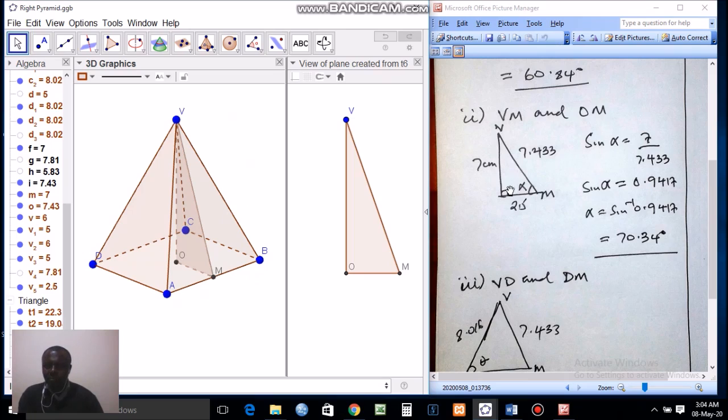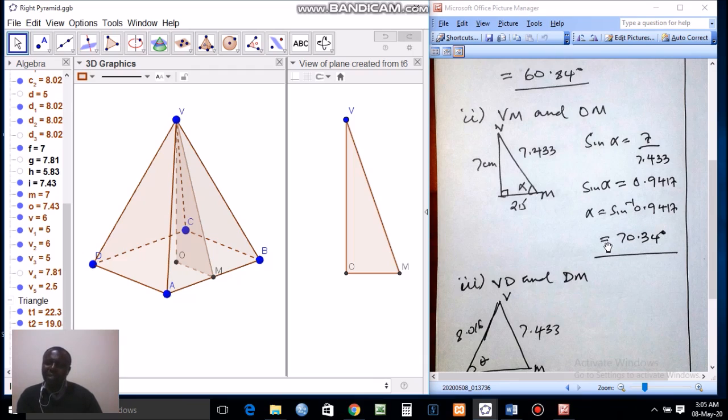And the angle we want is marked alpha. So VMO is the angle we want, marked alpha. And once again, we have VO as 7 centimeters and VM as 7.433. And we can apply the sine ratio. So sine alpha is 7 over 7.433. Sine alpha equals 0.9417, and alpha is sine inverse of 0.9417.